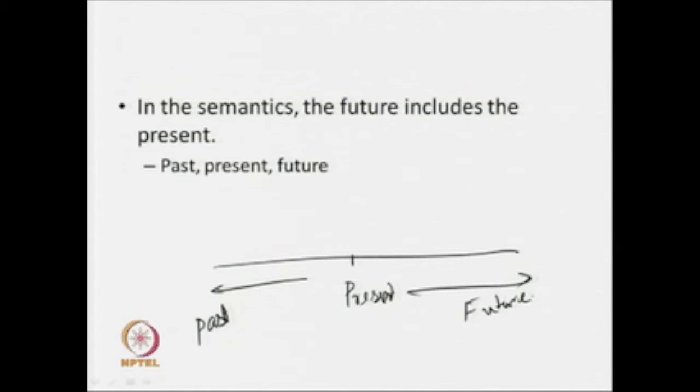The way we have defined the semantics of CTL, the future includes the present. That means the present state is also included in the future behavior. This is because of how we have defined the syntax. So we have only two norms, one is past behavior and one is future behavior, where in the future behavior, the present is included. Now, see why it happens.